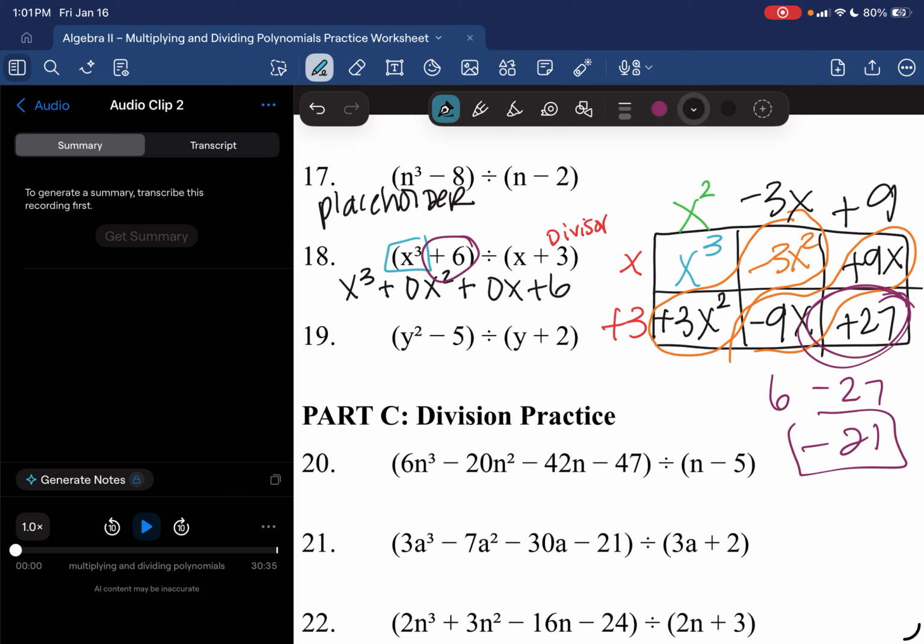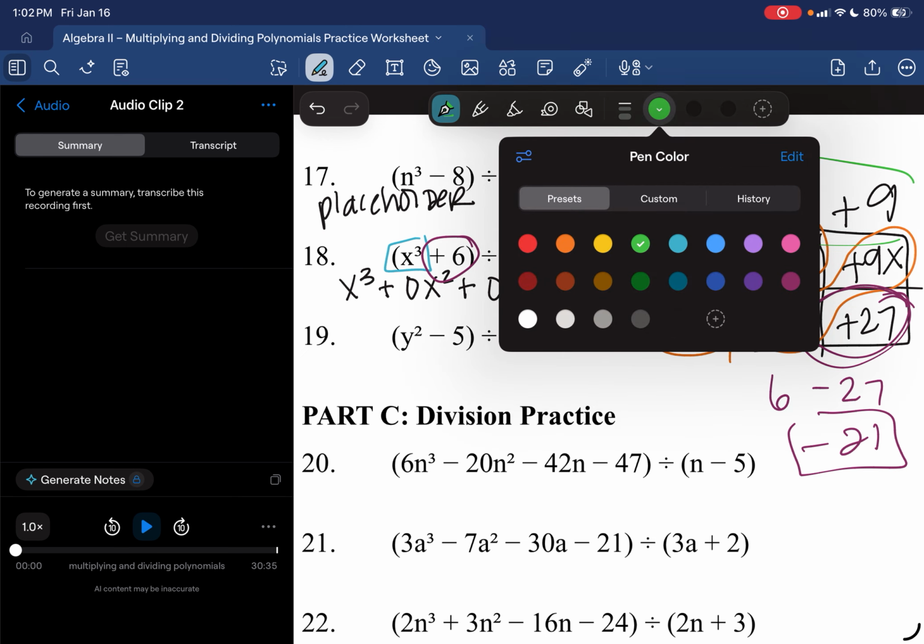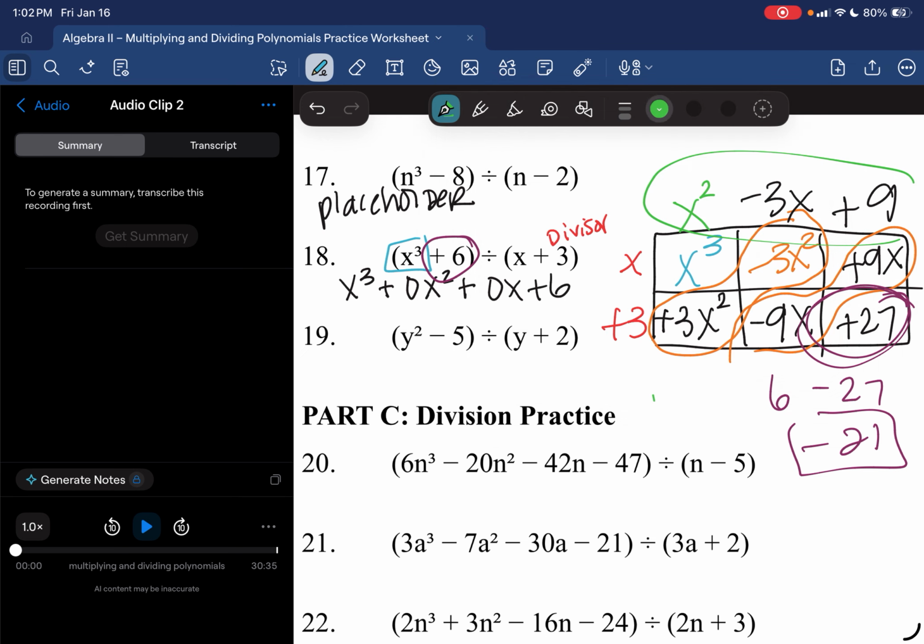Try writing it without my help. Okay, so you should have written your quotient up here: x squared minus 3x plus 9. And then your remainder. That's a minus, so you should have a minus 21 over your what? Divisor.